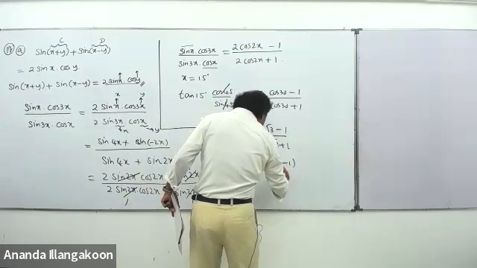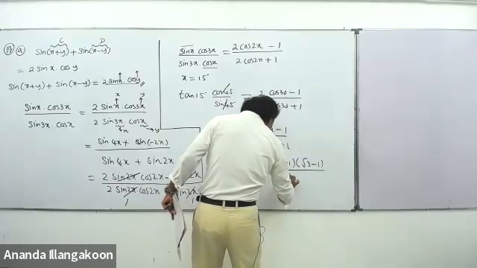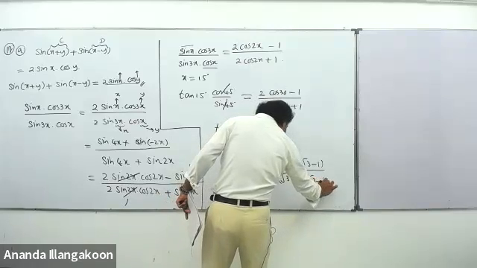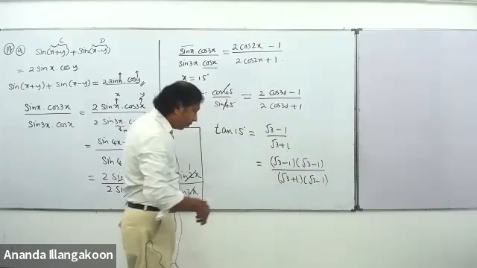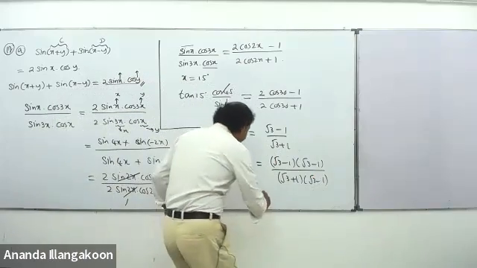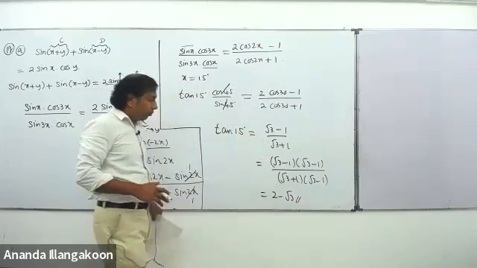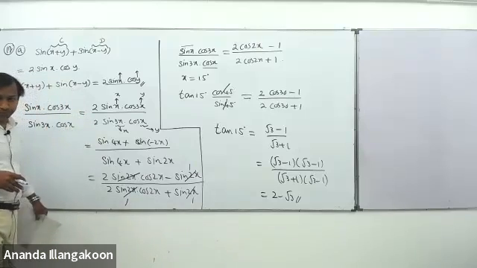It is root 3 minus 1, no? By root 3 minus 1 we multiply numerator and denominator both. Now simplify this. Then you get this answer, 2 minus root 3. Understood? Correct, no?